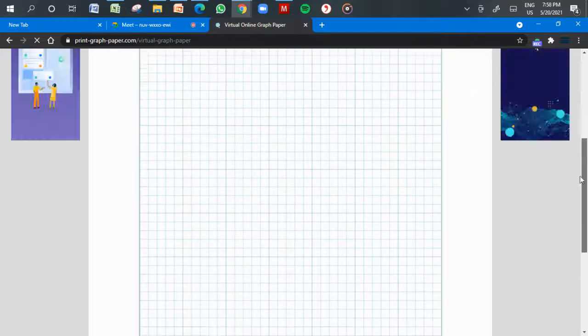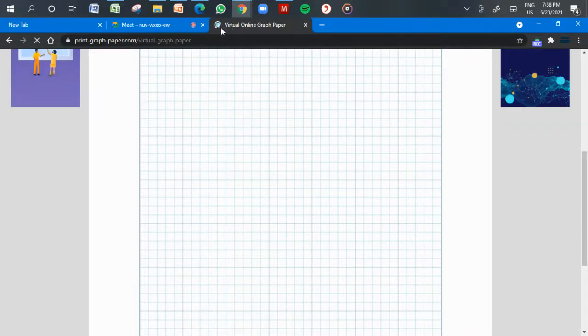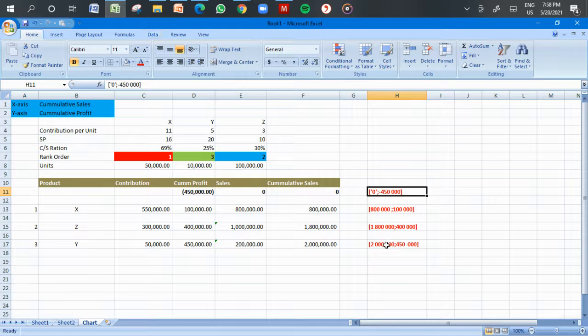So we need to determine the scale here. Our maximum coordinates: the 2000 represents the x-axis and the cumulative sales. So on the x-axis, the maximum should be 2 million. And on the y-axis, the minimum should be minus 450 and the maximum should be 450.